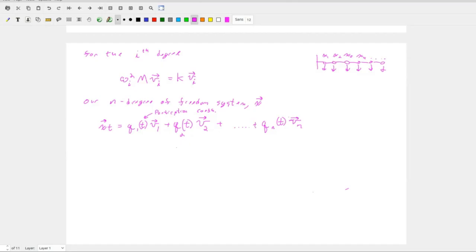And if you consider a 1,000 degree of freedom analytical solution, if you build your mass matrix for 1,000 degrees of freedom, you could take this out to 1,000. And then you just hope that your q's at the end are so small that they don't participate, and then you can drop them.